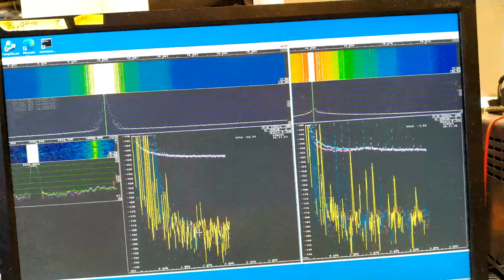Like this, and you can see how the average goes down slowly, or actually not so slowly. There are already 600 averages here and 400 here.